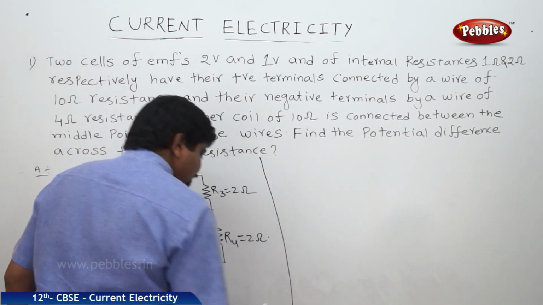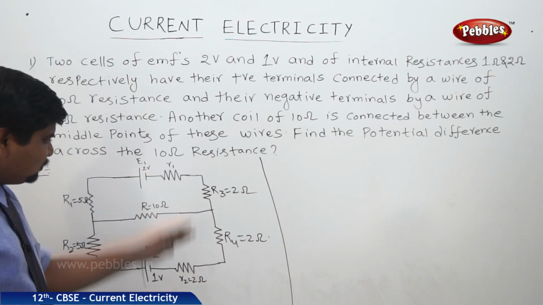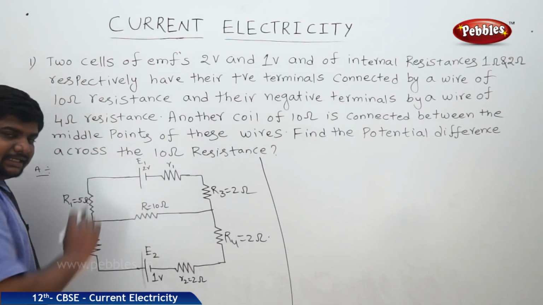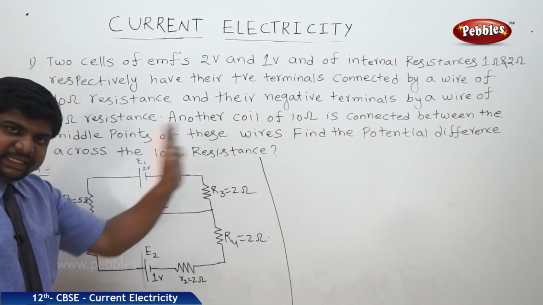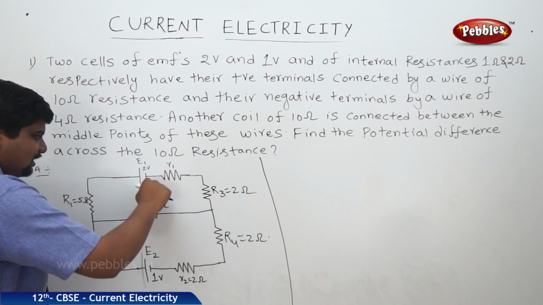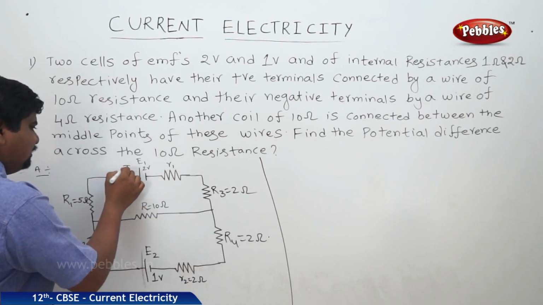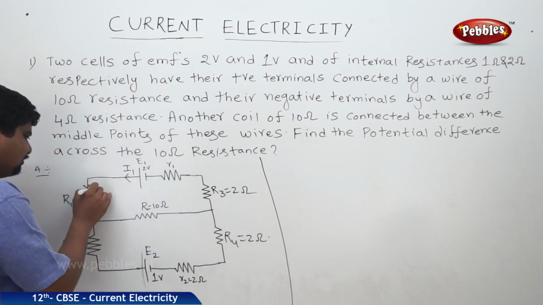To solve this problem, first we should understand the direction of current through all these resistors. Listen, E1 is here. Current always transfers from positive to negative. This is the positive end, and taking this direction, it will reach the negative. That means through R1 also it is I1.